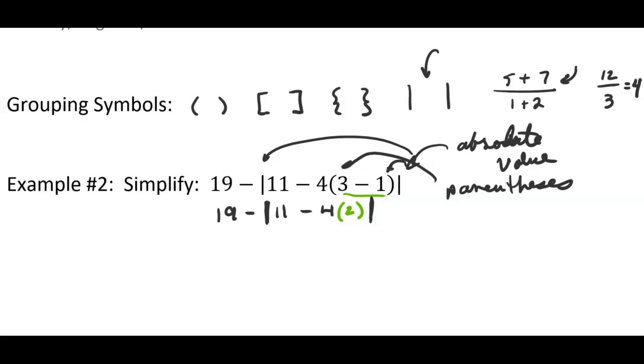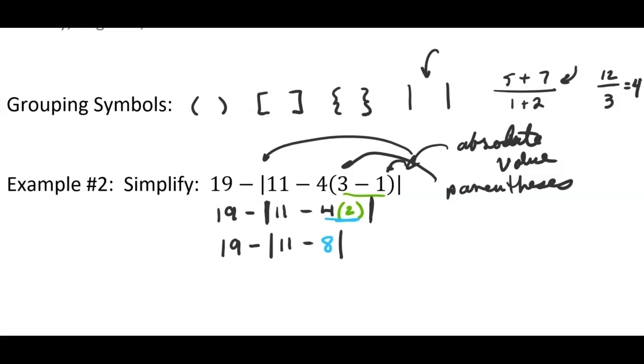So we're going to rewrite 19 minus absolute value, 11 minus, and now I'm going to actually do the operation here. Now notice that I'm recopying everything just as is. That's really important to do, so you want to make sure that you don't get confused in the writing. So it's going to be 11 minus 4 times 2 is 8. So I've replaced that multiplication part right here with an 8.